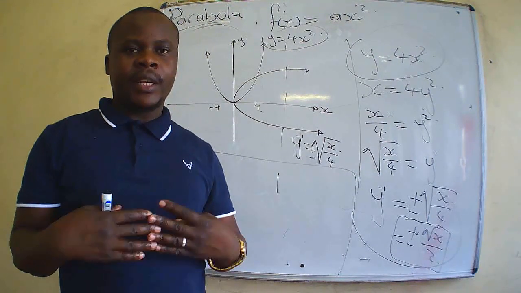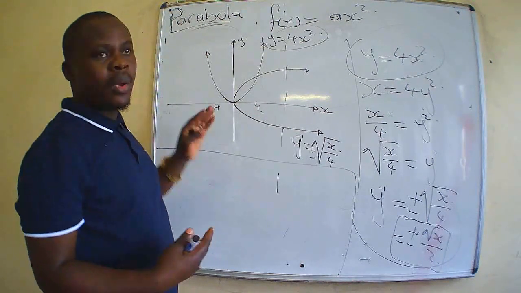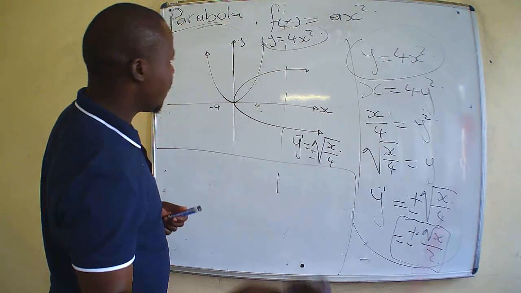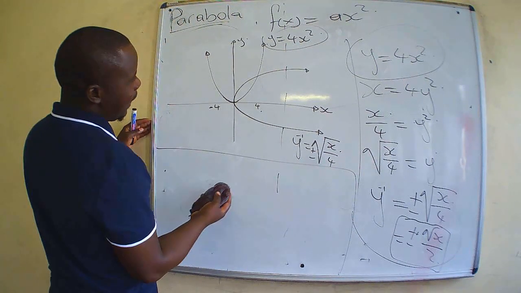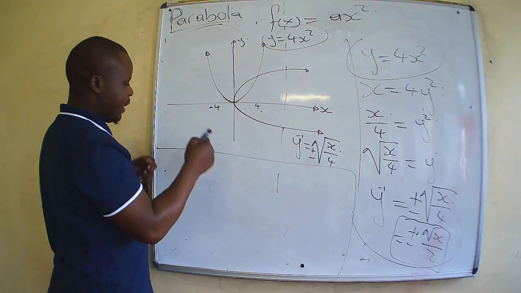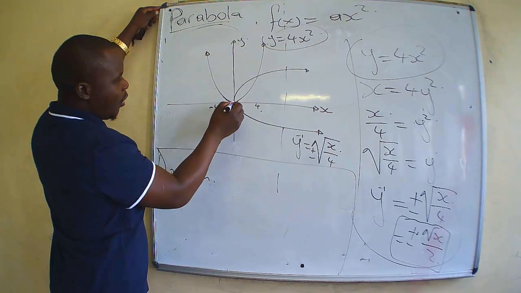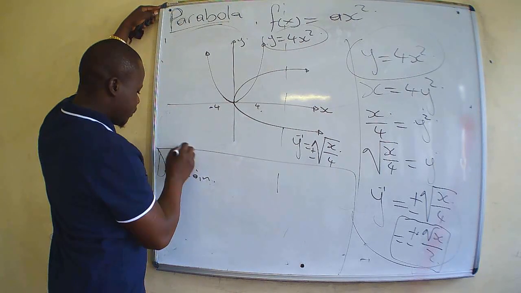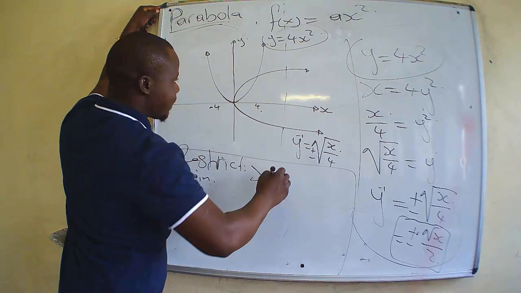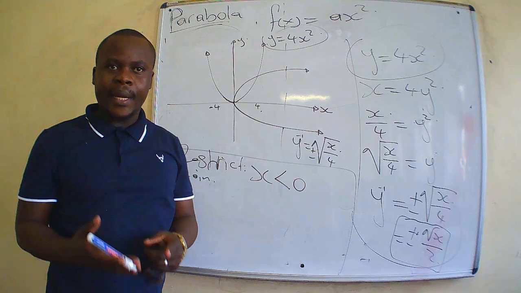If it does not pass the vertical line test, then what are we going to do? We need to restrict either the domain or the range. In this case, let us restrict it in 2 ways. I'm going to wipe this for a moment. Let's restrict the domain on the original. If we restrict where x is less than 0, where do we find x less than 0?